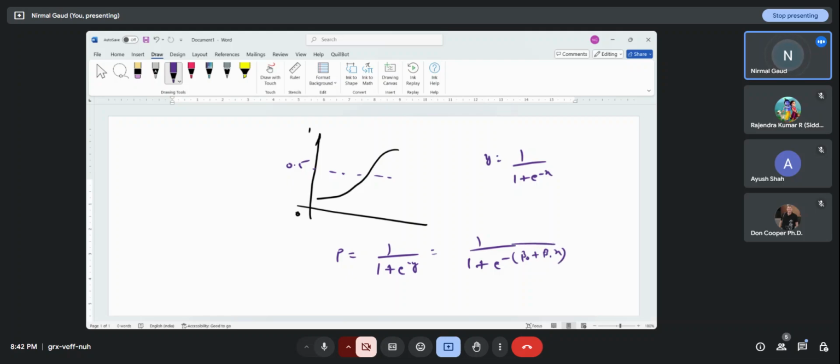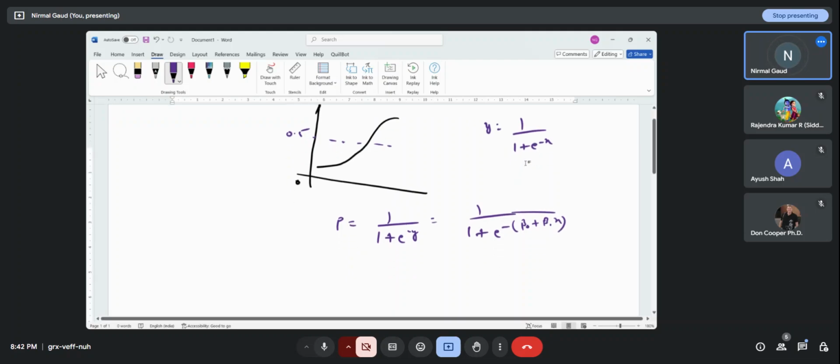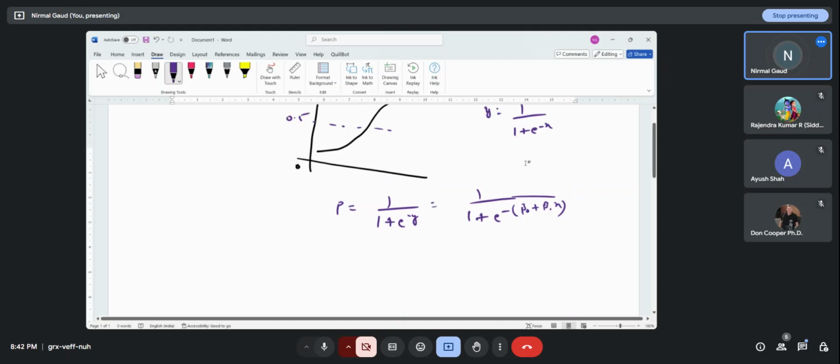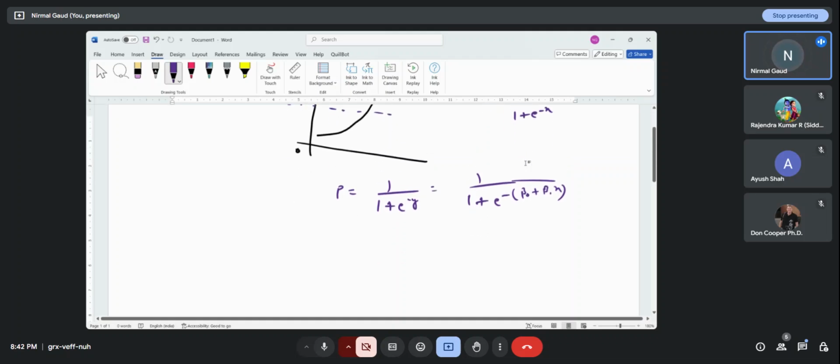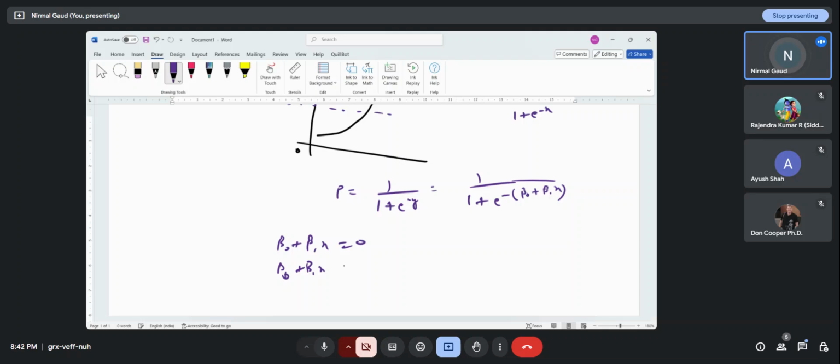And then we should be having three cases here. I told you that beta naught plus beta 1 x is equal to 0, greater than 0, or less than 0. So we are having the three cases here.